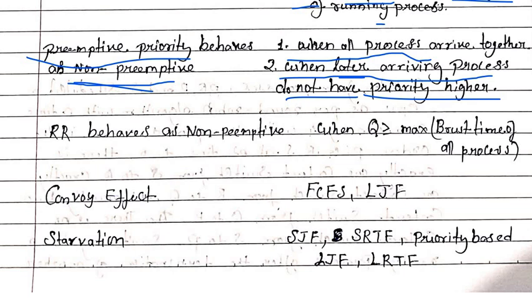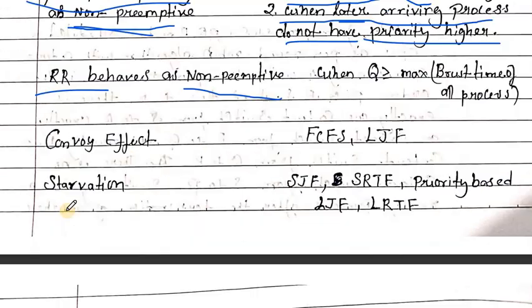Then the round robin behaves as non-preemptive. As we know, round robin is a preemptive algorithm. But when the quantum is the max burst time of all processes, then round robin behaves as non-preemptive.